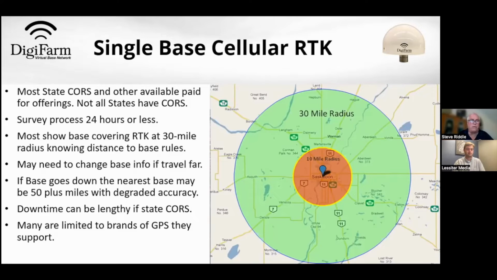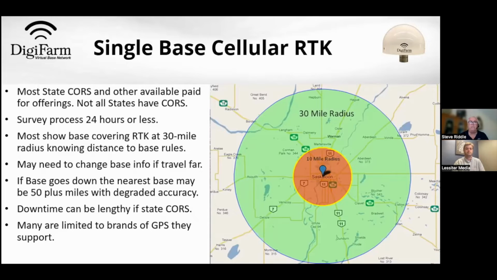Single base cellular RTK would represent what most states have as what they call a CORS network. And there are other private, paid-for offerings through other RTK providers. The other thing here is that not all states have a CORS network. CORS stands for Constant Operating Reference Station.